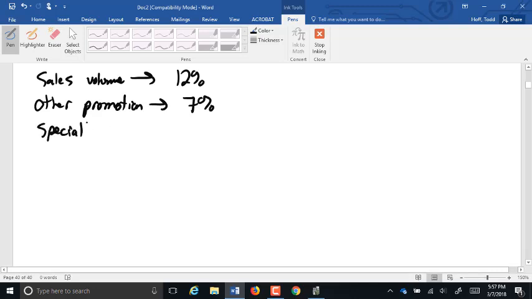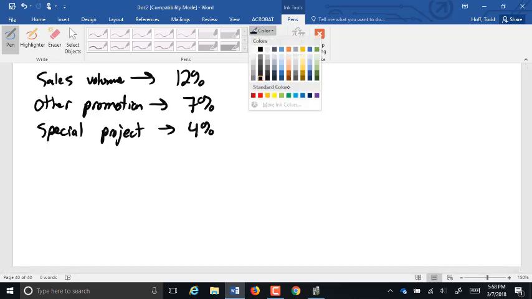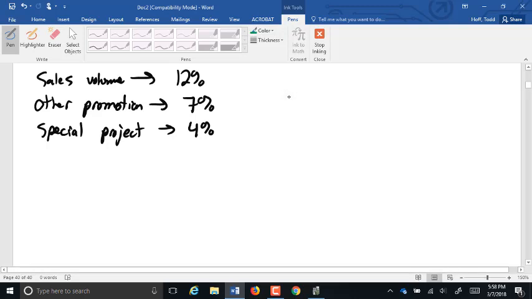And there might be another special project or whatever going on. Maybe you allow the company to post advertising in your business, or they have a new product that they want to get out there, and you've agreed to put that product on the shelf and test market it for them, or whatever. And you get an additional 4% trade discount for doing that. Well, that adds up to 23%. Does that mean you get a 23% trade discount? No, it doesn't.